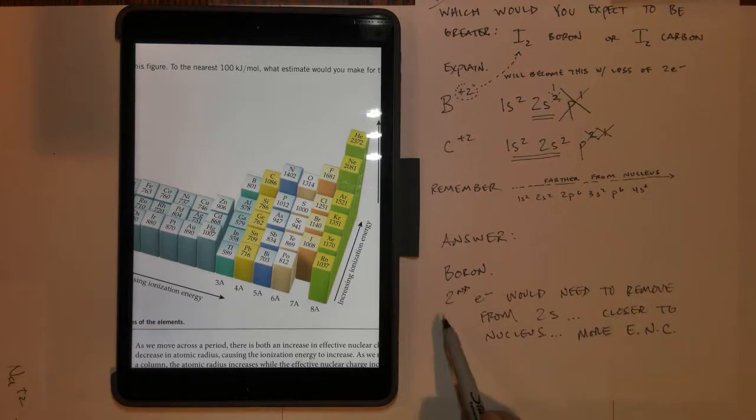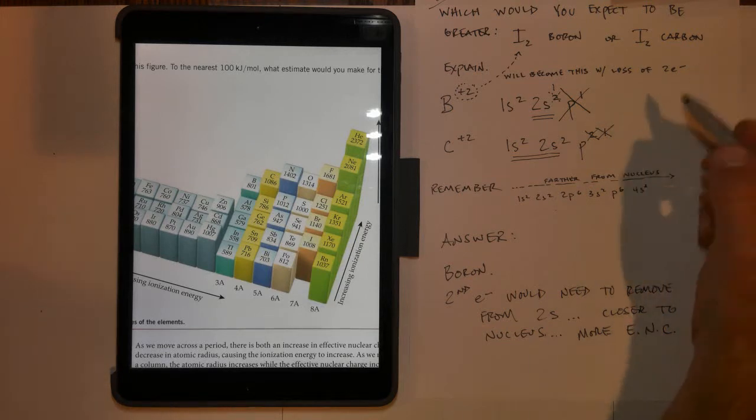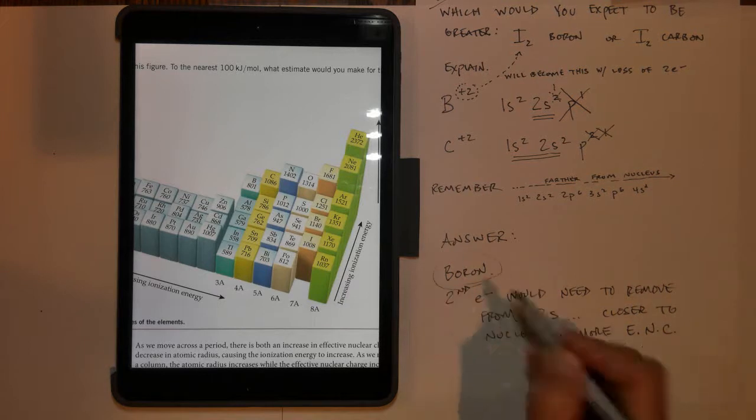So the second electron would need to be removed from the 2s orbital in boron. It's closer to the nucleus, and therefore it experiences a greater effective nuclear charge, then it would cost more energy, and so the second ionization energy would be greater for the element boron.